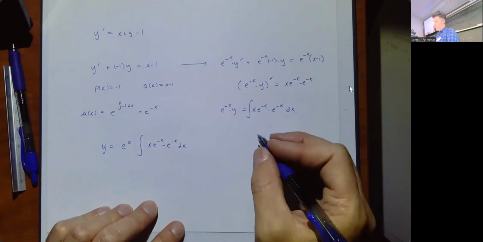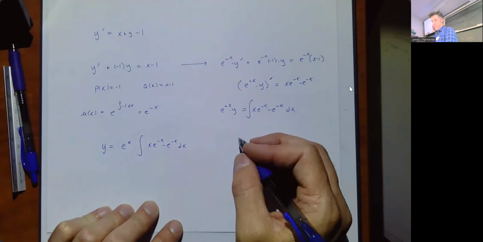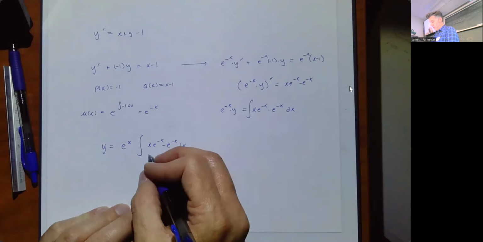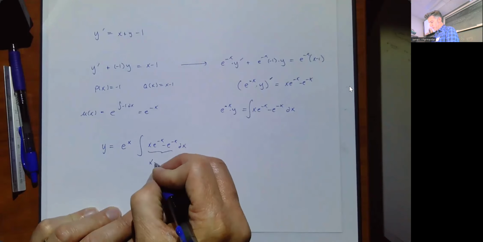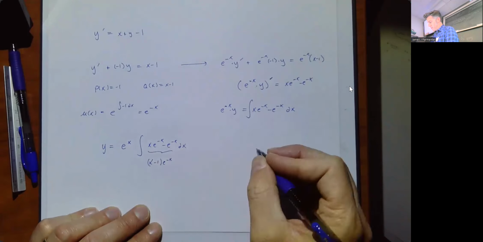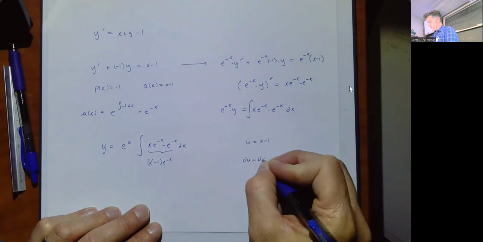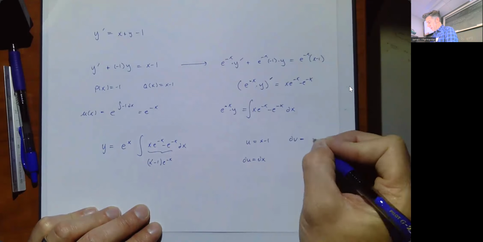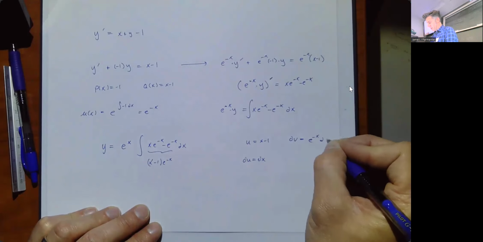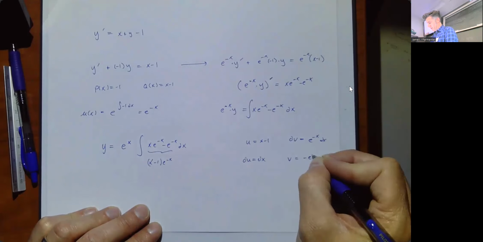And sure, we'll do it real fast here. I'm going to think of this as x minus 1 times e to the negative x. So my u is x minus 1, my du is dx, my dv is the rest, which is e to the negative x dx. My v is negative e to the negative x.